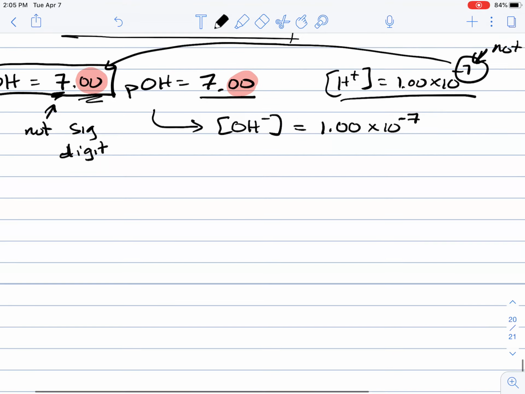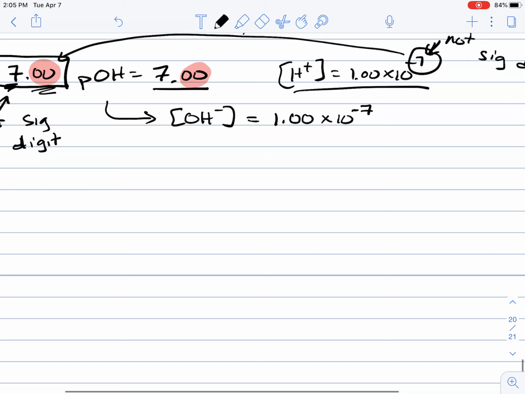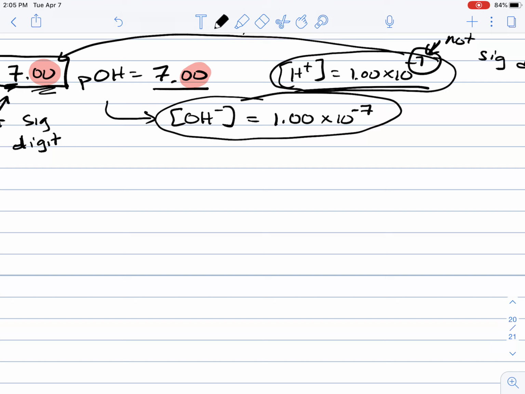You guys can go ahead and perform those calculations on your own just by using the equations that I presented to you earlier at the very beginning of this lecture video. And so I want you guys to notice that when the pH is 7 and the pOH is 7, the concentration of hydrogen ion and hydroxide ion are equal to each other.